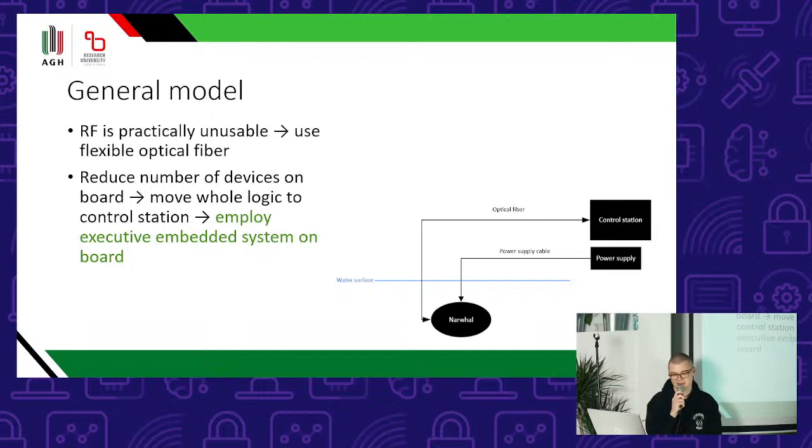But the problem is that small antennas have almost 0% efficiency compared with normal antennas, and we would just waste all the power just for heating the water from the power amplifier, not transmitting actually anything. The other thing is that even when using very low frequencies, the bandwidth is very limited. And as I said, we need some bandwidth to stream the image from the camera. So that's why we need to use some wired connection.